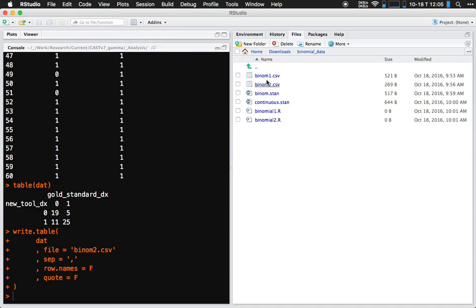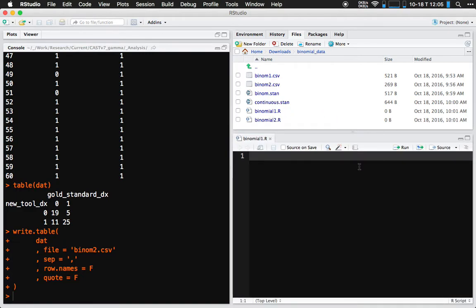It's got 2 data sets, binom1.csv and binom2.csv, so there's 2 different examples. There's also 2 R files, but they're empty. I just put them in there so that it's easy for you to initialize by opening up the single file. And this is where we'll start writing our code.